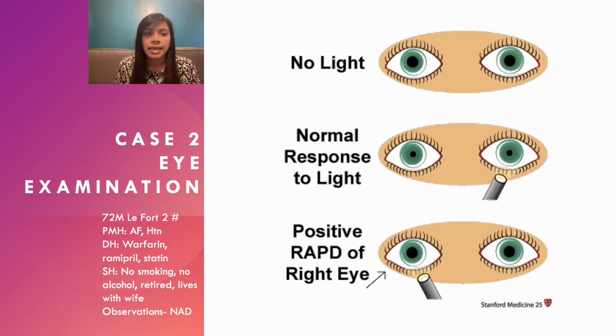So again, here is a demonstration of what should happen when you shine a light into a patient's eye. So when you shine the light, the pupil that you're shining it into should constrict, but the other one should also constrict. If you have one pupil that's not constricting, you can't tell which is the abnormal one.